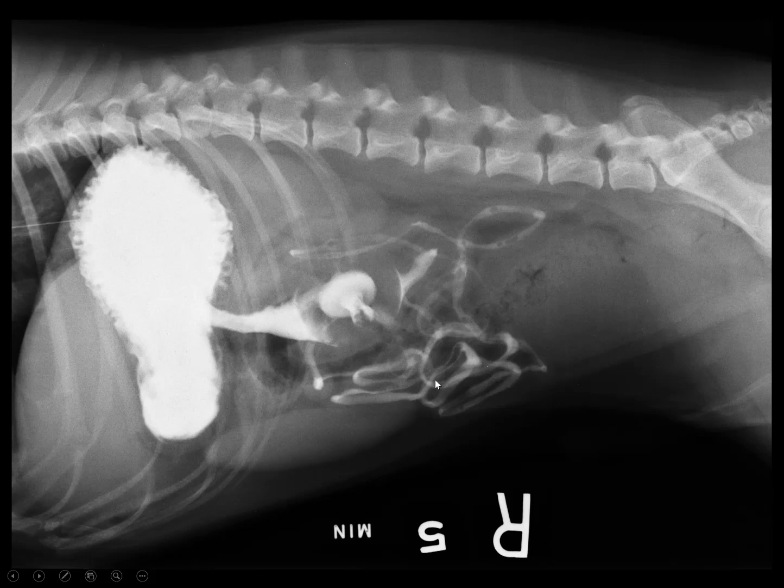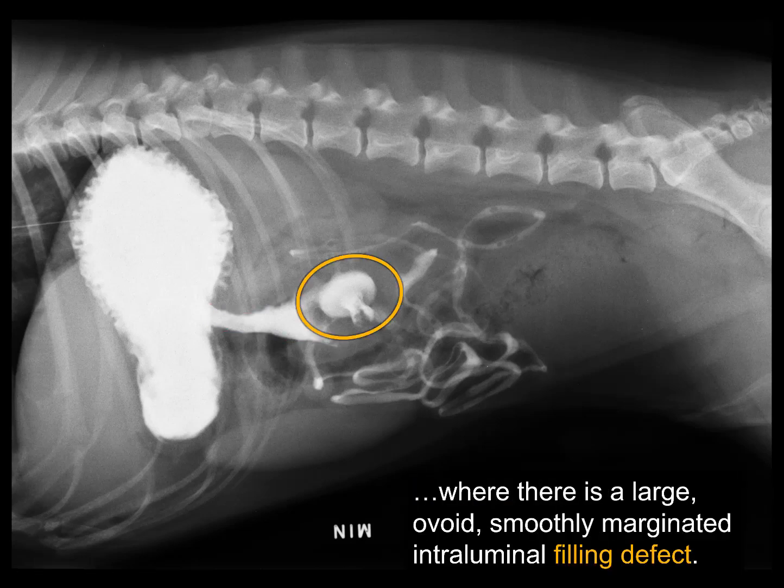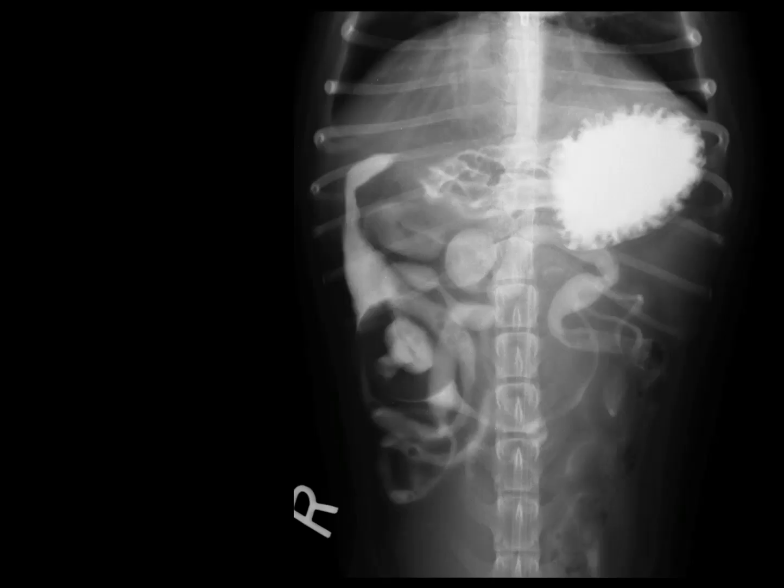There is contrast medium moving into the jejunum, so whatever this is, it's not a full obstruction, but that duodenum is a lot larger than any of those jejunal segments, and it's kind of interesting that the contrast medium hits this kind of curved area and leaves that as a nice defect in the contrast medium. Again, some of the contrast medium passes around whatever this filling defect is and does move further distally, or further aborad, in the small intestine.